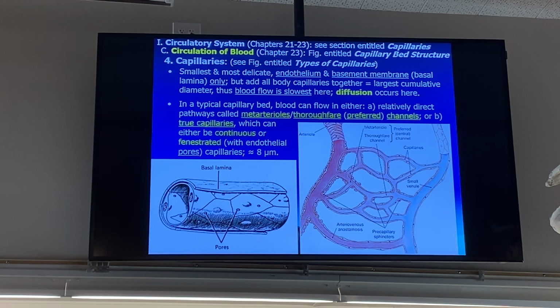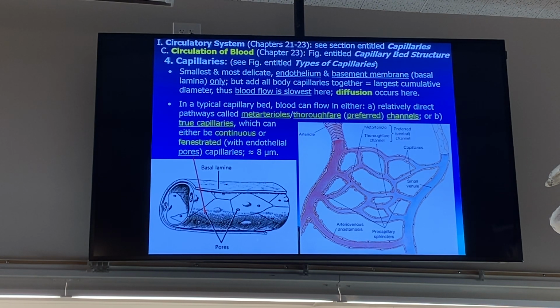Okay? Now let's look at this capillary bed. There's this thing referred to as the meta-arterial, or thoroughfare channel, or preferred channel. Those are all synonyms for the same thing. It is the capillary with least fluid flow resistance.